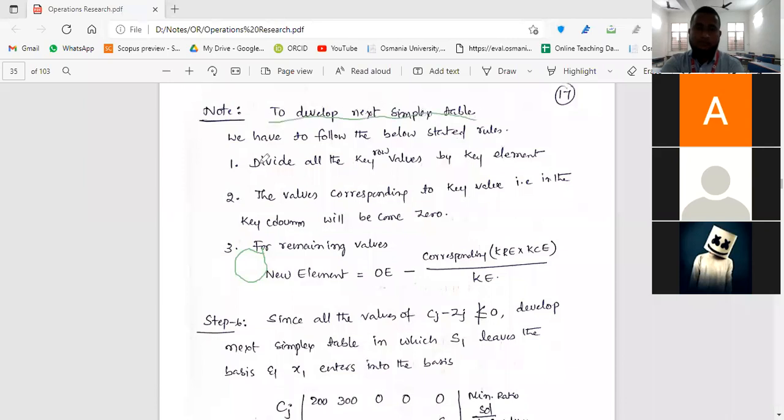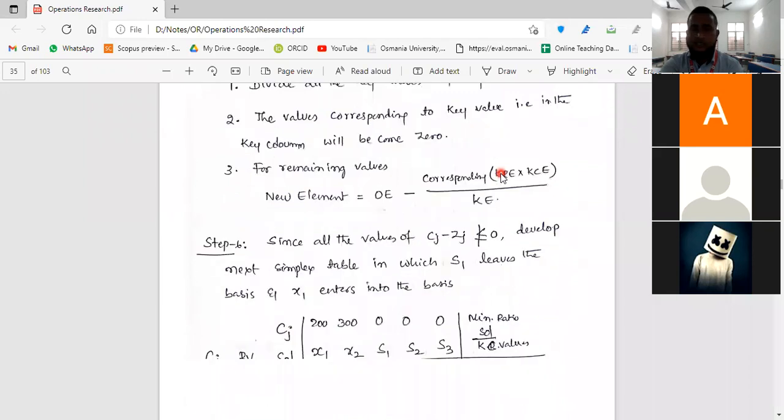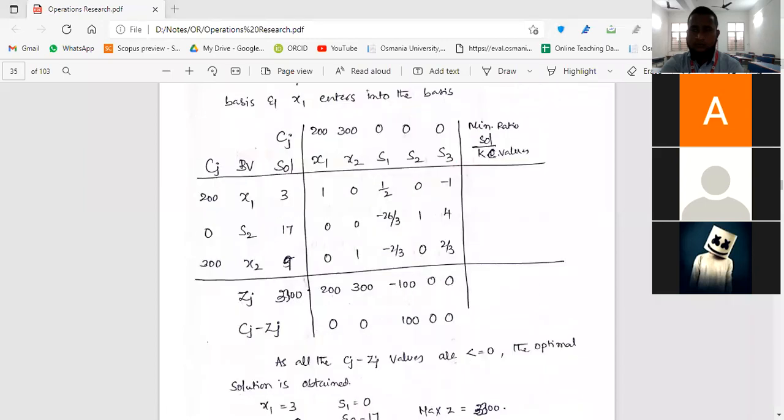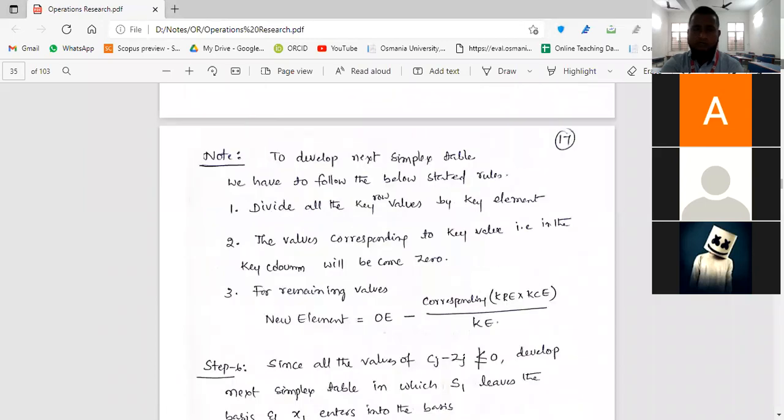To develop the next simplex table, we have to follow the below stated rules. First, divide all the key row values by the key element. Key row means what? Let us go to that table. This is the key row.